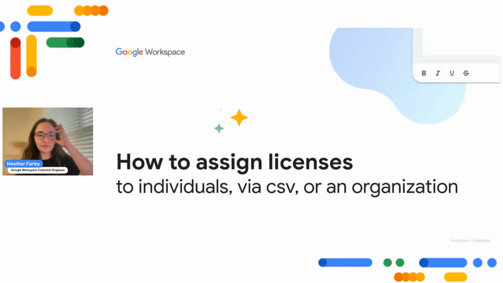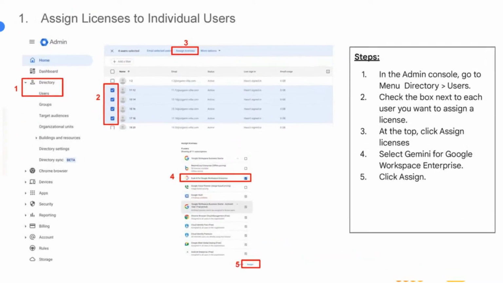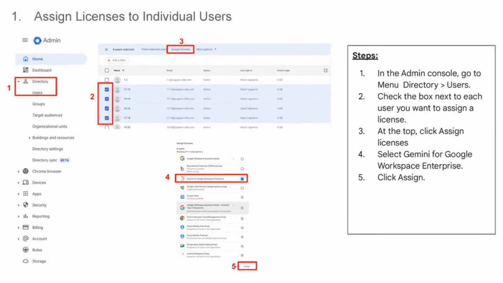labs. But I digress. If you haven't assigned licenses already, what I'd recommend doing is going to admin.google.com if you are a Google Workspace administrator. What you should do here is go to the left-hand panel and drop down Directory. From here, you'll be able to select Users.